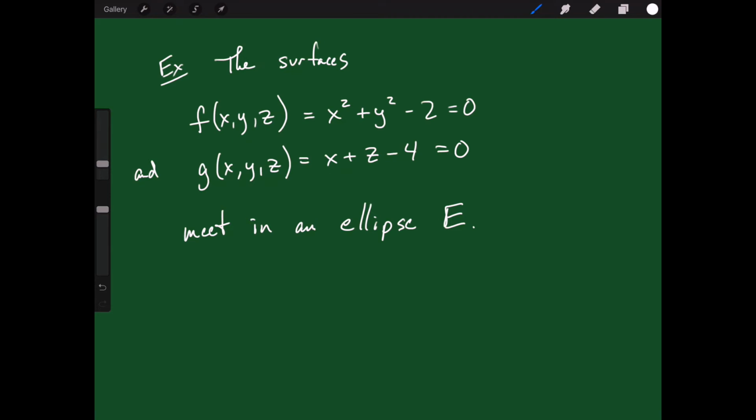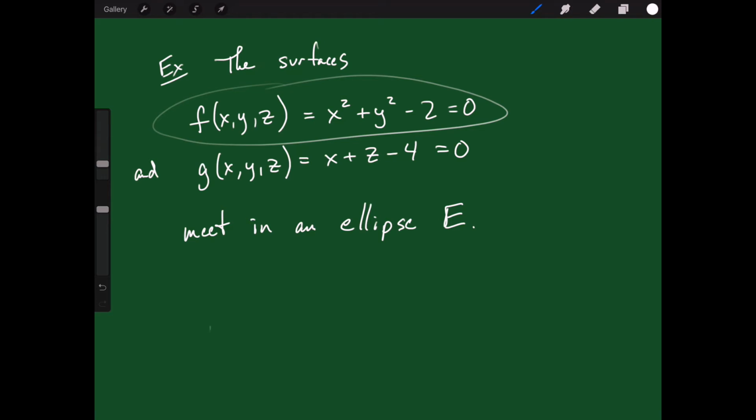Okay, so before I go about writing any more of the problem, let's just take a look at this. So first of all, what is this curve? That curve is x squared plus y squared, if I move the 2 to the other side, is equal to 2. So that's actually a cylinder.